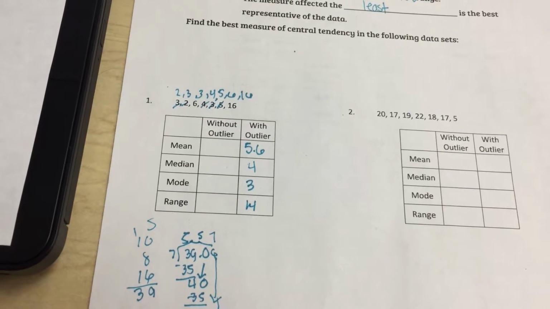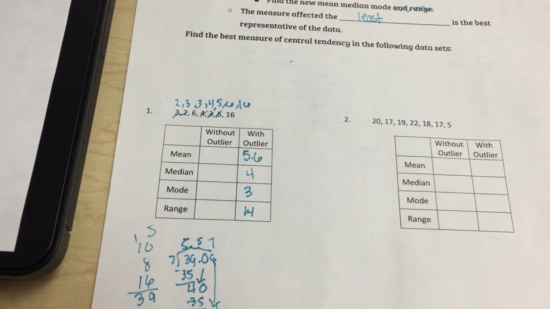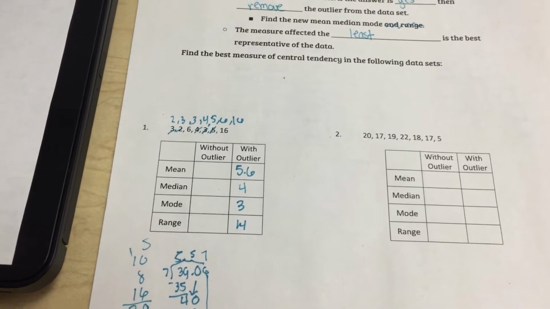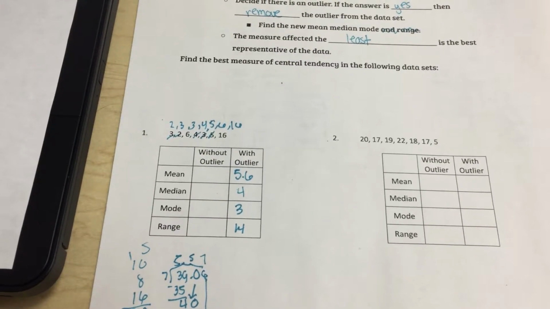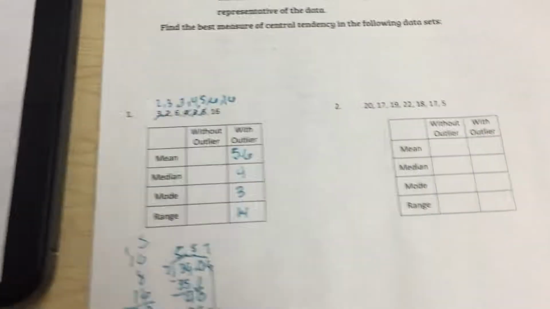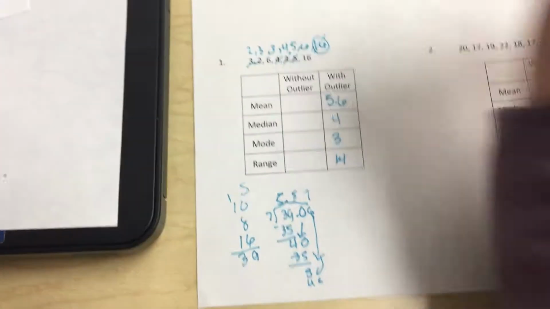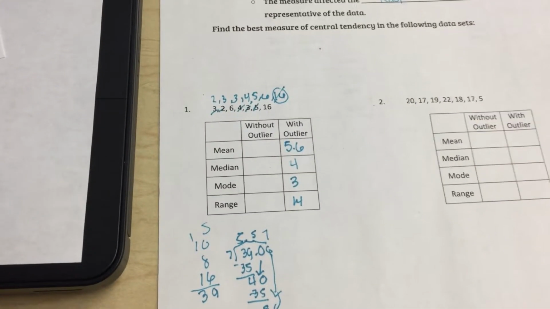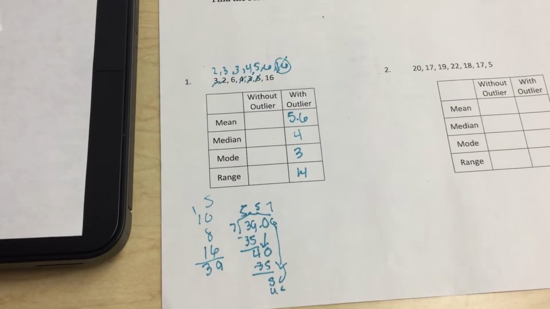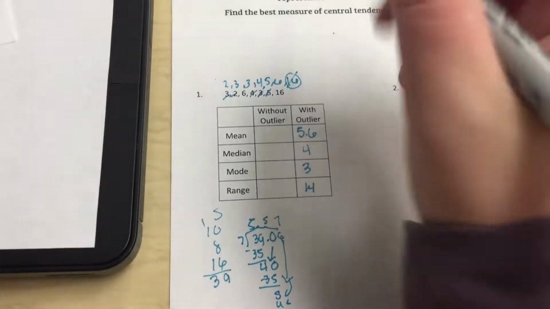Now I have to find my measures of central tendency without the outlier. First, I have to decide, is there an outlier? And we should be saying to ourselves, yes, there is an outlier. That number 16 is way bigger than the rest of my numbers, so I'm going to go ahead and scratch it out. I'm going to let you know I did the math.